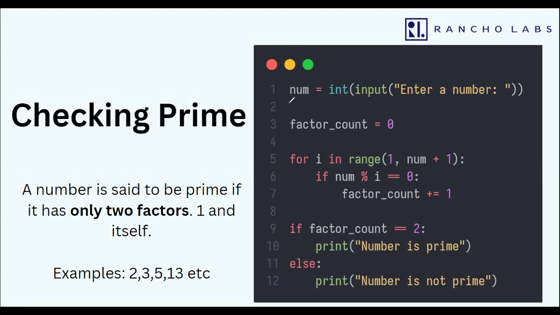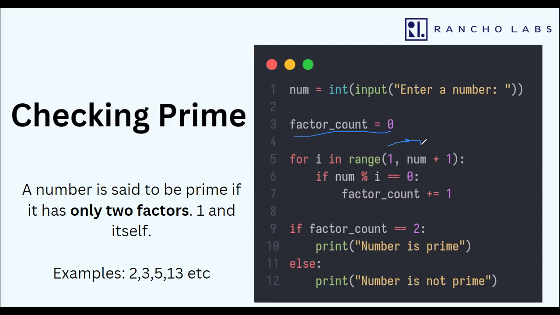In the first line, we are taking a number from the user. Next we initialize the count of factors equal to 0, for i in range of 1 comma num plus 1. For example, if we have the number 5, the factors will be up to 5 only. Factors won't be possible after 5.